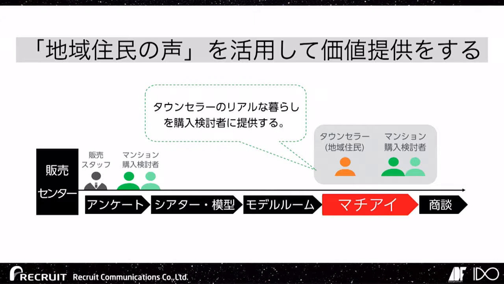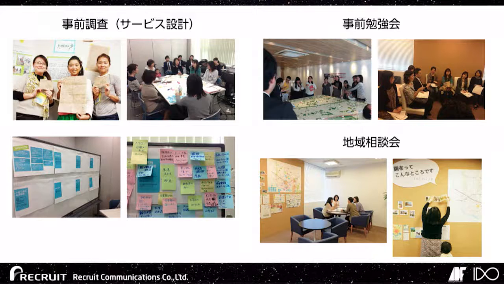And there is a process of selling the apartments. And there is actually something called a Machi counselor that can be set. So the people who are trying to buy the apartments in this area can meet a counselor who actually lives in the town and can tell what kind of lifestyle you can have if you live in this local area. So this is a specific service we created.